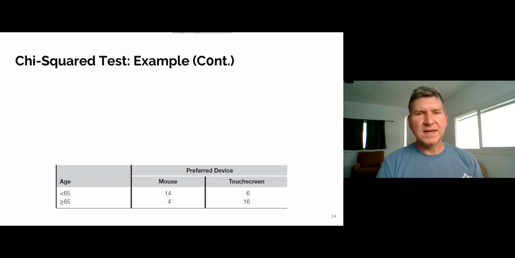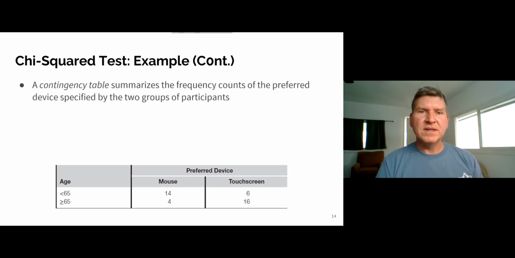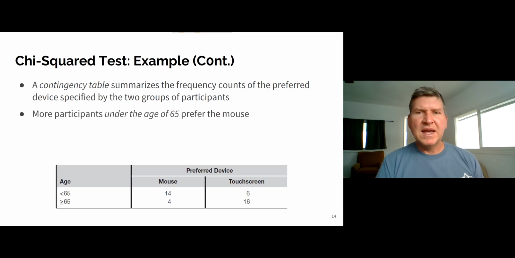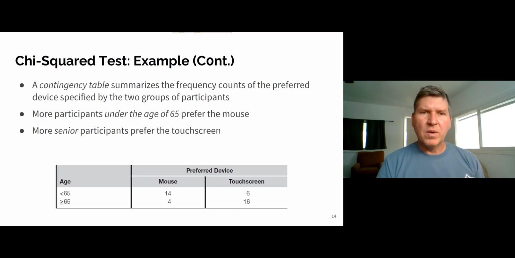But is it a significant difference? This is what we call a contingency table, where you have two different variables. One is the age of the user, and the other is the preferred device. You can see here that easily the ones who are under 65 preferred the mouse, whereas the older or more senior participants preferred the touchscreen.